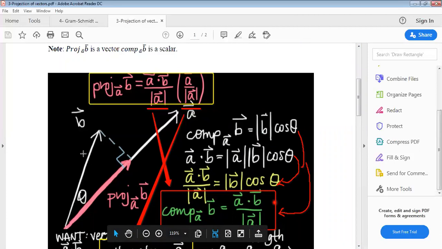Or simply, the shadow of this vector is nothing but this pink one. This gives component of b bar with respect to a bar. Now we want to find the length of this pink vector.